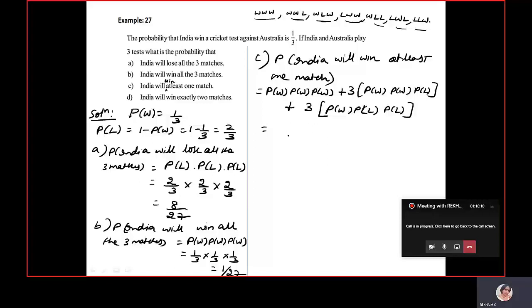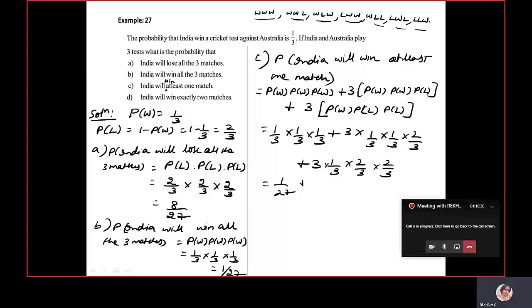Now that is equal to 1 by 3 into 1 by 3 into 1 by 3 plus 3 into 1 by 3 into 1 by 3 into 2 by 3 plus 3 into 1 by 3 into 2 by 3 into 2 by 3. So that is 1 by 27 plus 6 by 27 plus 12 by 27, that is equal to 19 by 27.